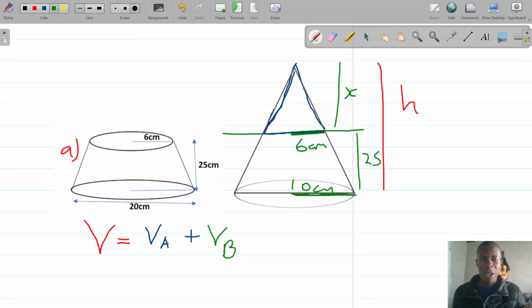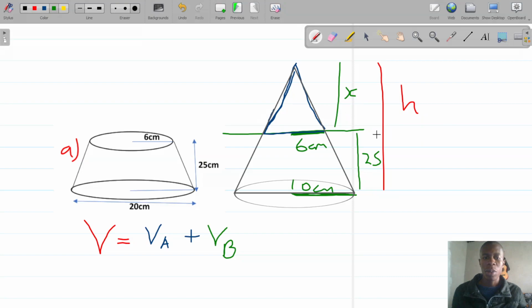We also don't know the height of the entire cone. But we can use ratios and proportions to find the values of both x and h.